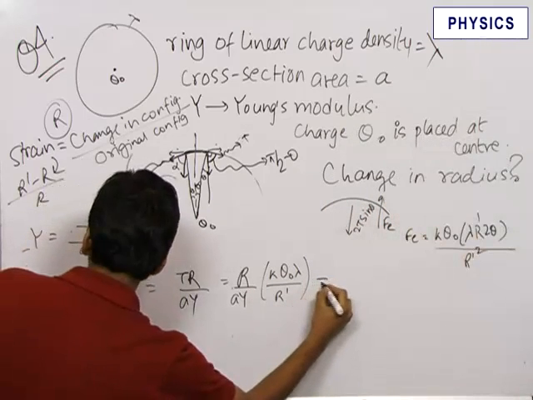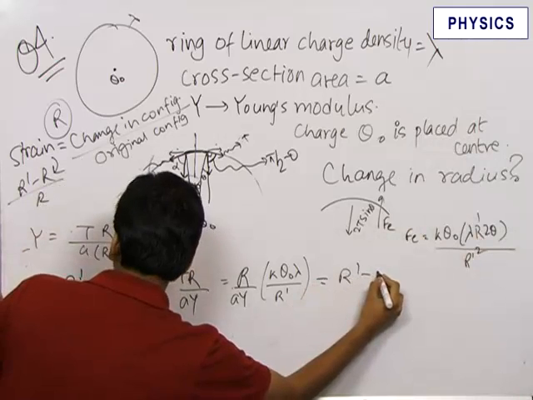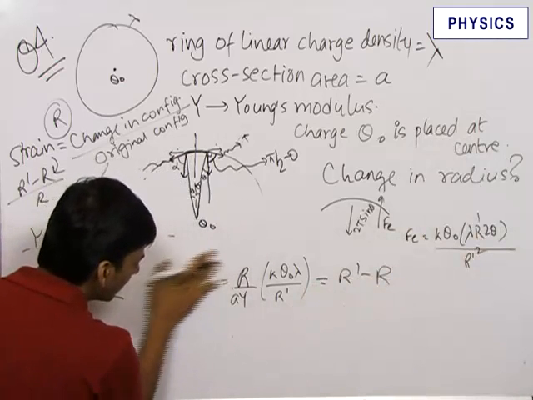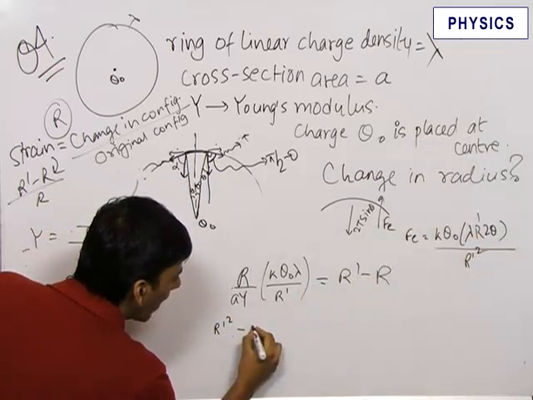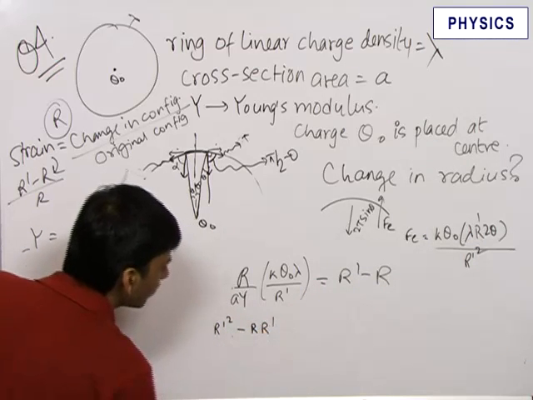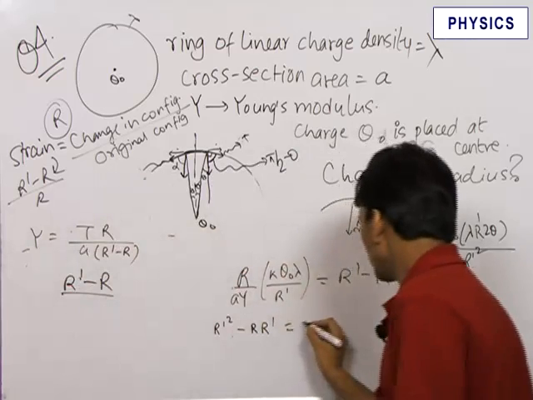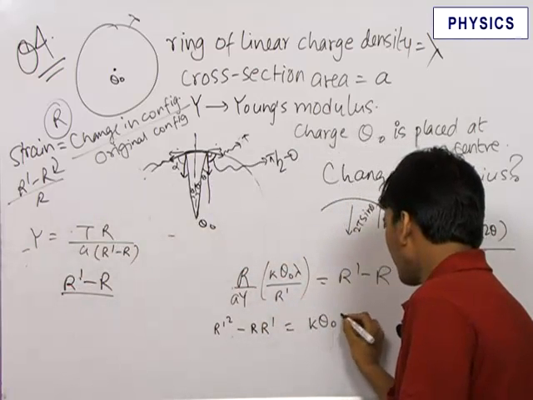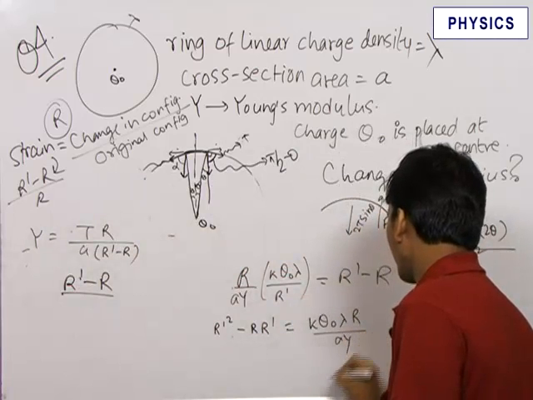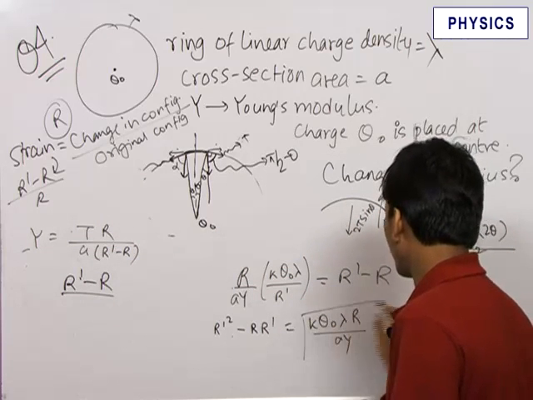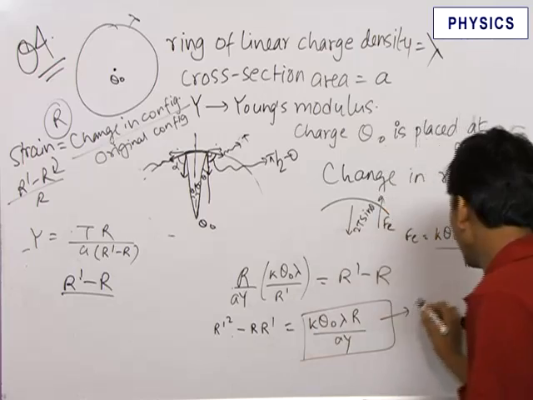Therefore this is equal to r dash minus r. Therefore we can write r dash whole square minus r into r dash is equal to k q naught lambda into r upon A Y. Let us call this alpha.